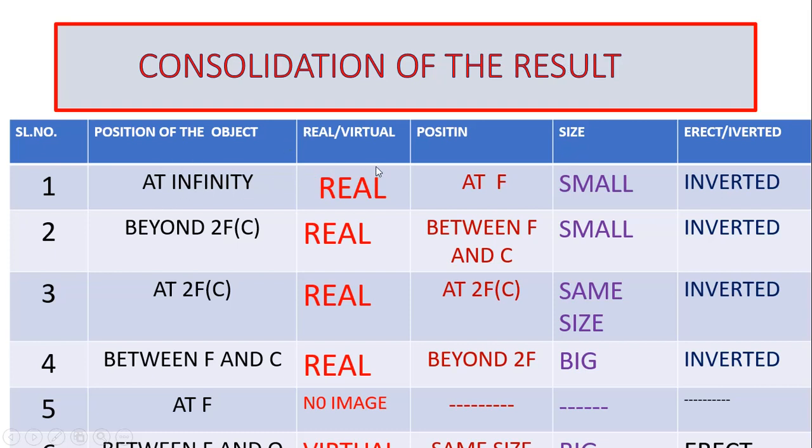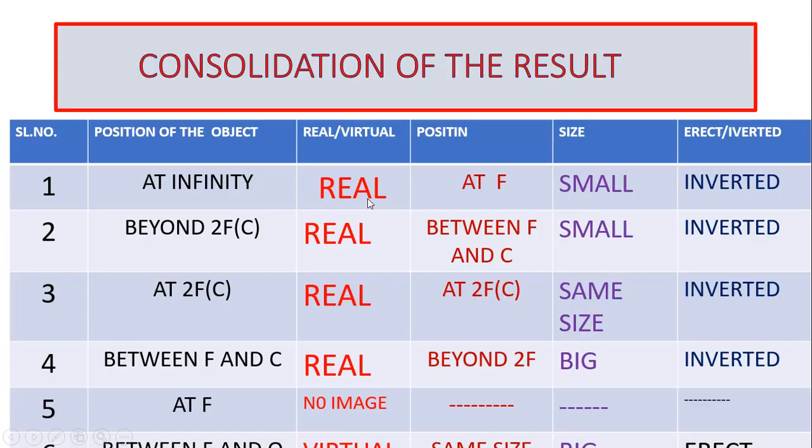When at infinity the image is real, at F small. Beyond C, between F and C, real, small, inverted. At C, real, same size, inverted.